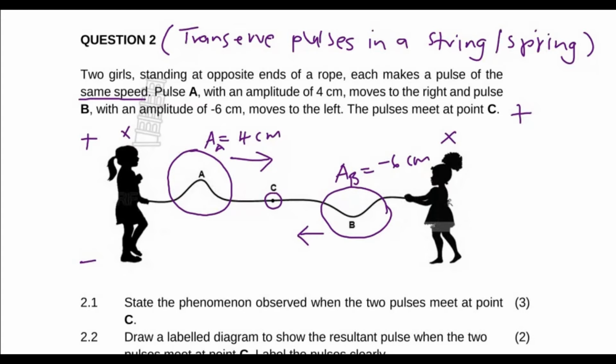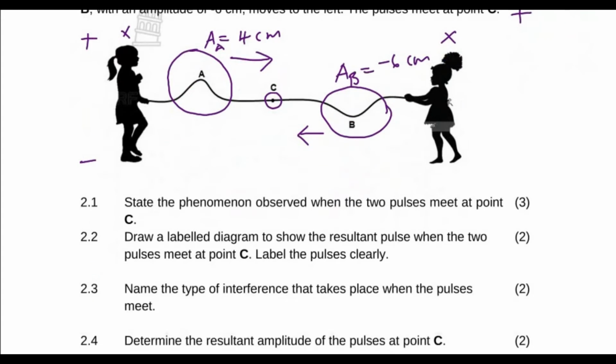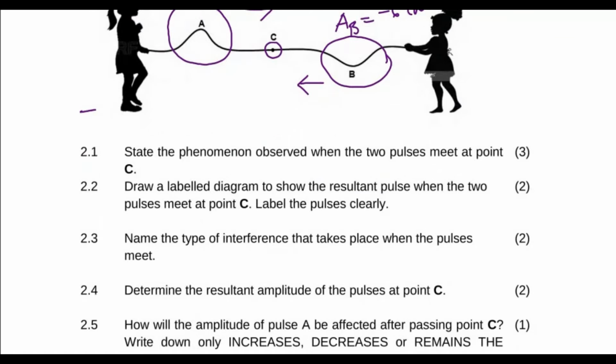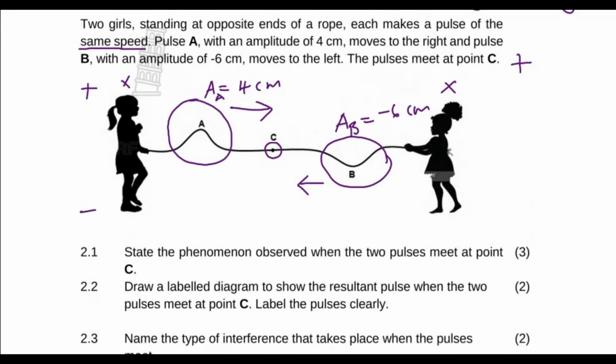What happens when they meet? So there is a phenomenon, as you see with question 2.1. Question 2.1 says, state the phenomenon observed when the two pulses meet at a point C. So what is that phenomenon? When these two pulses meet, they undergo a phenomenon called superposition.